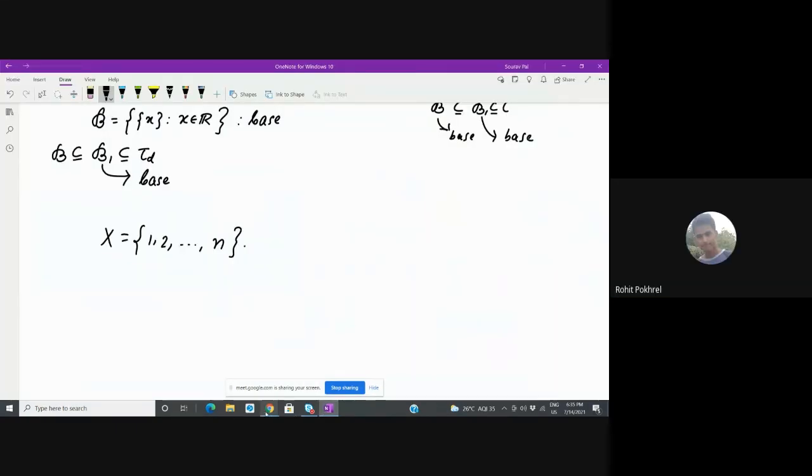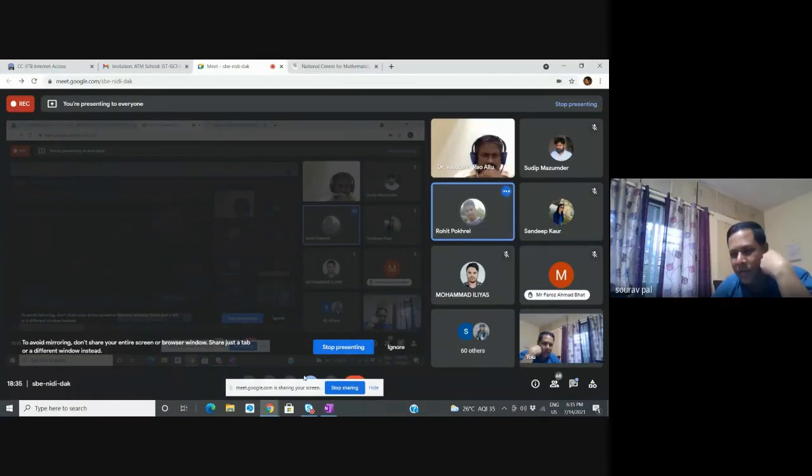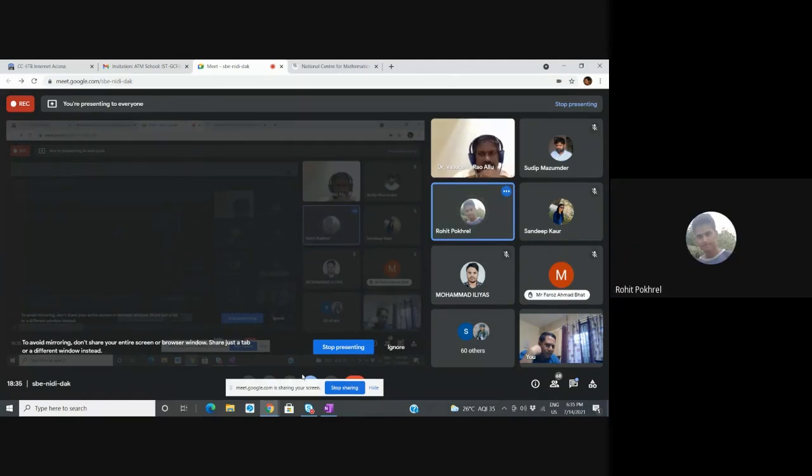Sir, if we take a set in a topological space, and we take every open set contained in that and use the containment partial order, then we can define closure by Zorn's lemma.